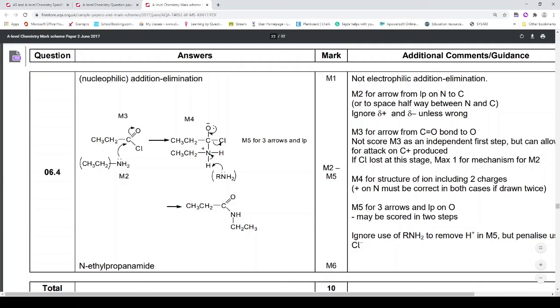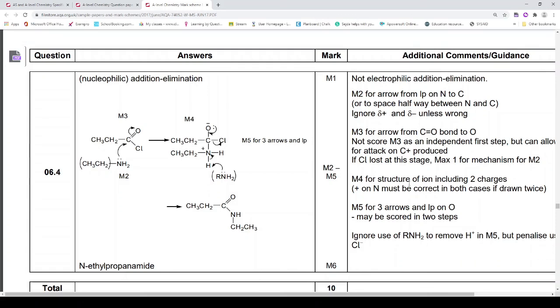Then down here, Mark 4 is for the structure of the ion, so the intermediate that we've got, including 2 charges. Then the 5th mark is for the arrows from this step of the mechanism. So arrow from the lone pair, from the bond to the chlorine, and from the hydrogen to the nitrogen.